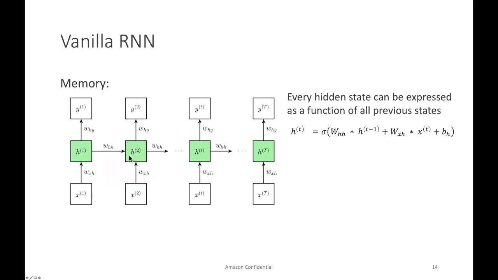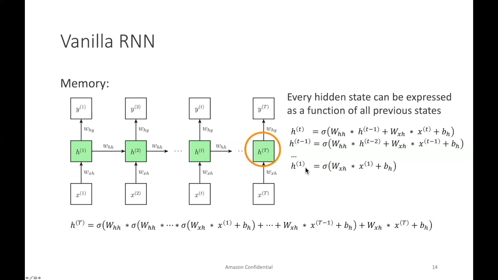For example, here this guy will be multiplied with a weight matrix, and then the input is also multiplied with the input weight matrix Wx, and that is added and then passed to the sigmoid layer. So basically input multiplied with a weight matrix, previous hidden multiplied with a weight matrix, passed to a nonlinearity, and that gives the output, right?